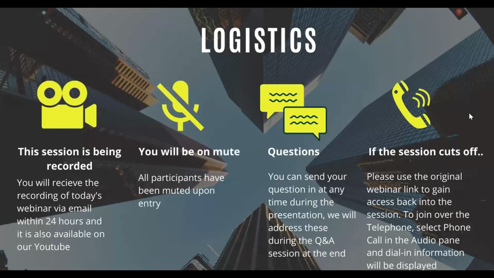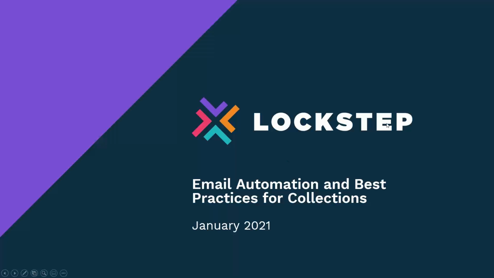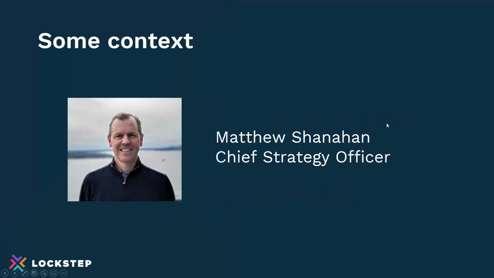Thank you, Jolene. And welcome, everyone. As Jolene said, my name is Matt Shanahan. I'm the Chief Strategy Officer at Lockstep. One of the things that I do as part of my role is to hold roundtable discussions with customers and listen to what people are saying about the current environment.